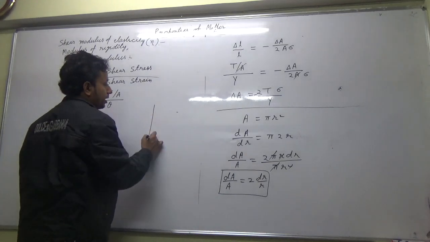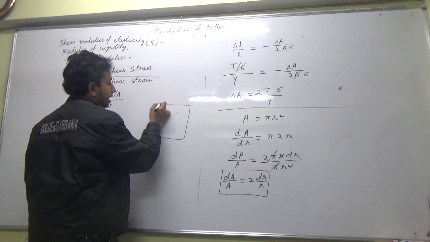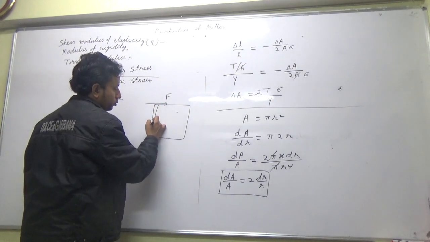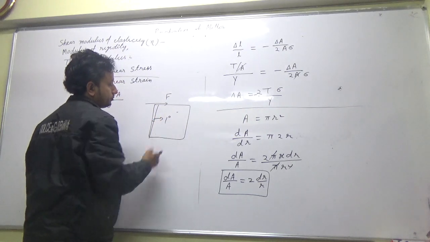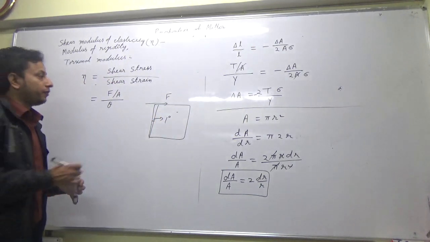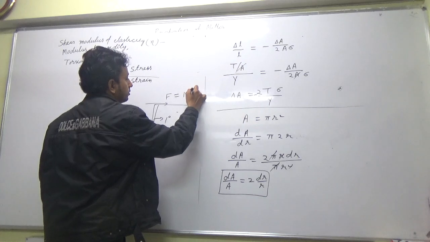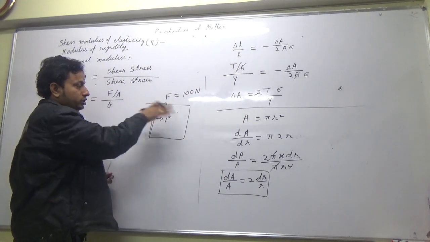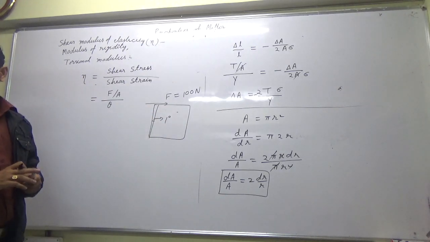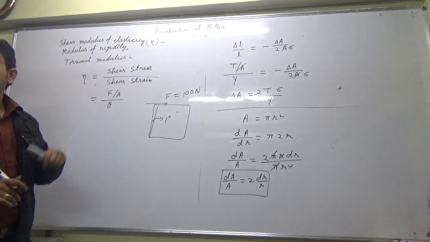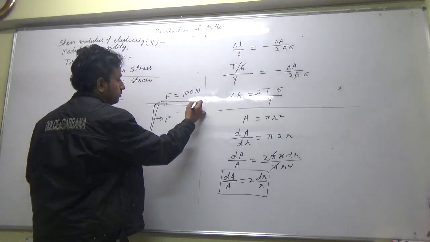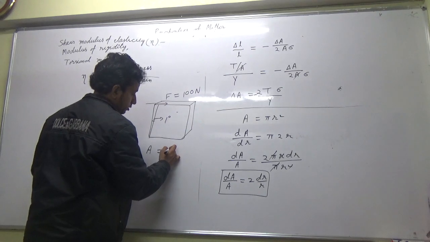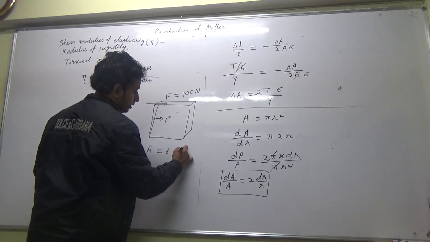Now, if we have an object and we apply a force F equal to 100 Newton, and the angle twisted is, suppose, 1 degree, and the area on which it is applied is 8 centimeter square.